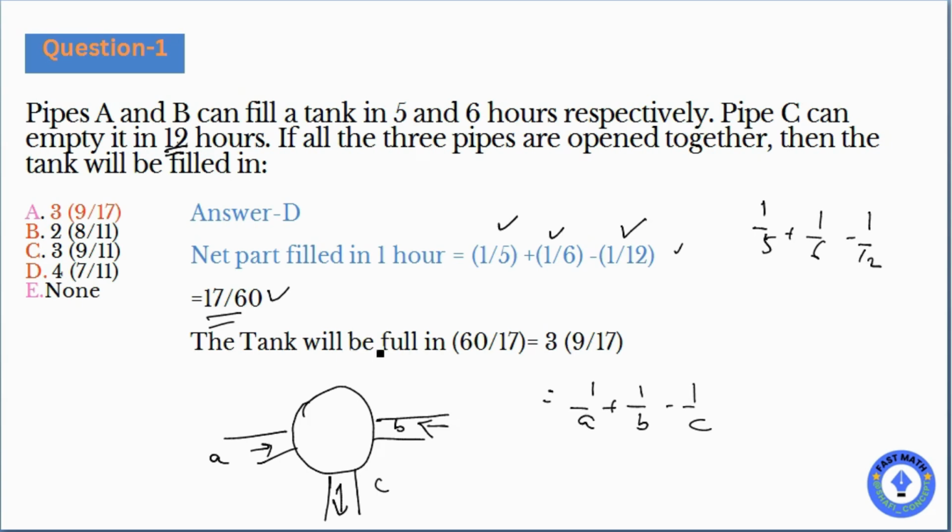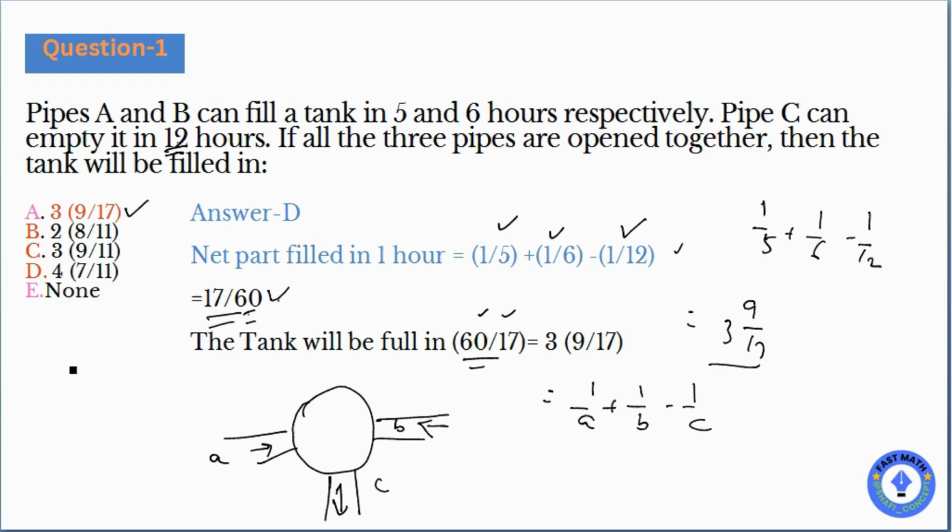In how much time will the tank be full? Because it is the reciprocal, as we discussed in the concept, it is the reciprocal of the same, since 17/60 is the work done within 1 hour. So it is 60/17, which is 3 and remaining 9/17 hours. Now the answer is this one.